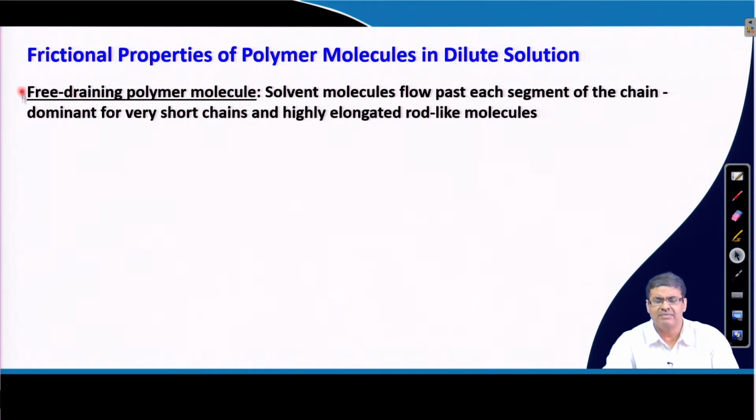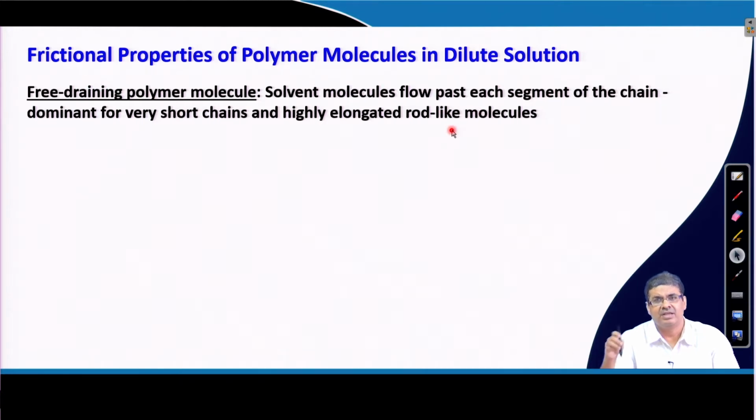Now, there are two types of polymer molecules possible in solution. One is free draining polymer molecule. In this case, solvent molecules flow past each segment of the chain. So, basically solvents do not intermingle with the polymer coil. In fact, we do not have a polymer coil in this particular case.